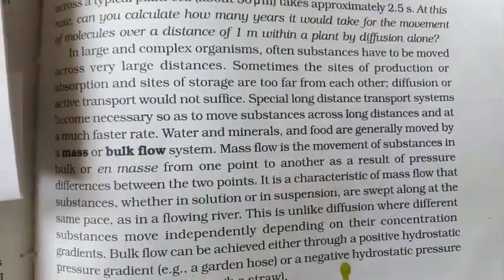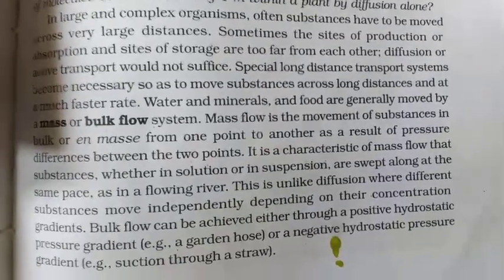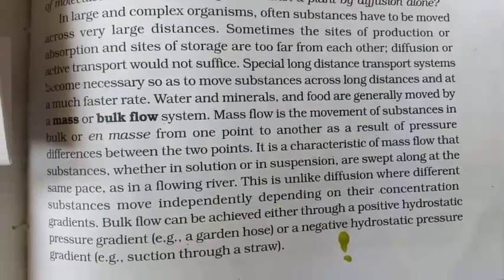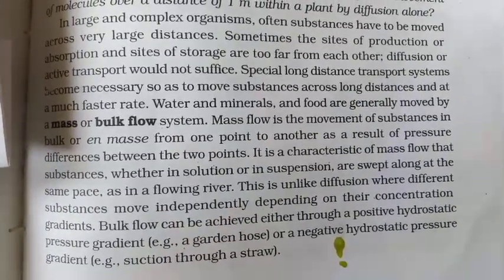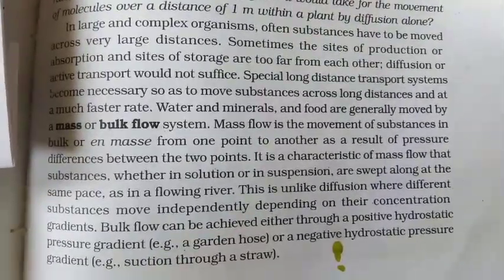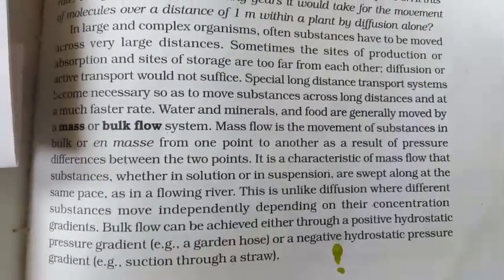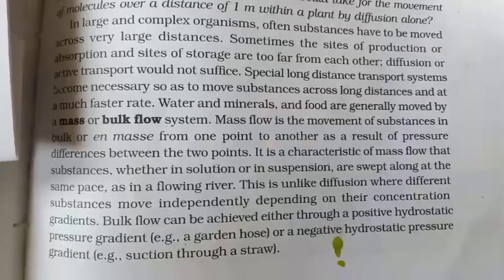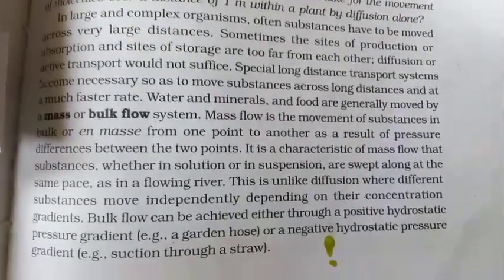Mass flow is the movement of substances in bulk or in mass from one point to another as a result of pressure differences between two points. It is a characteristic of mass flow that substances, whether in solution or in suspension, are swept along at the same pace as in a flowing river.